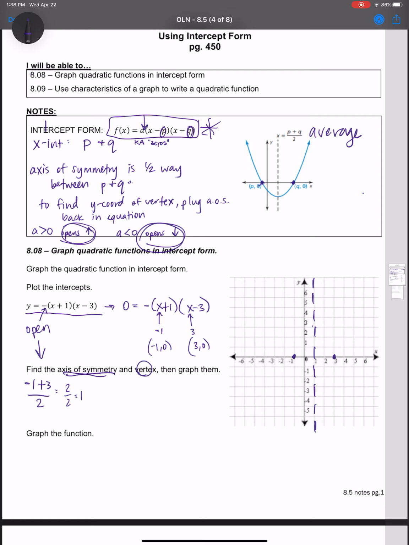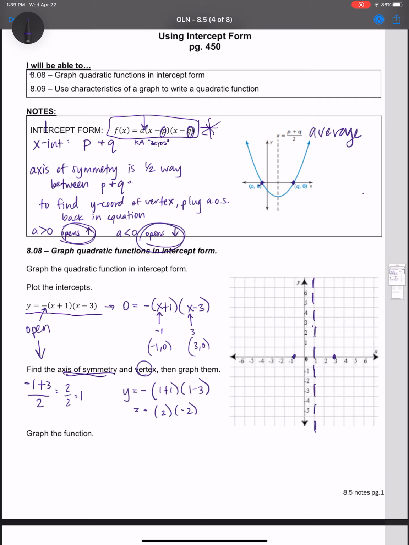To find the vertex, or the x and y, the max or the min, to find specifically the y-coordinate, we plug the axis of symmetry back into the original problem. So we're going to have 1 plus 1, 1 minus 3. So we're going to have a negative, and then parentheses 2, and then a negative 2.